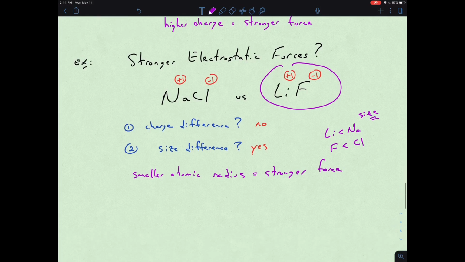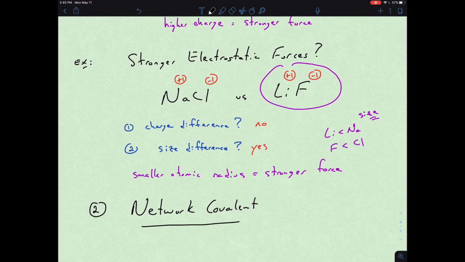The second force of attraction is network covalent. And basically this is a large lattice or a large array of covalent bonds.